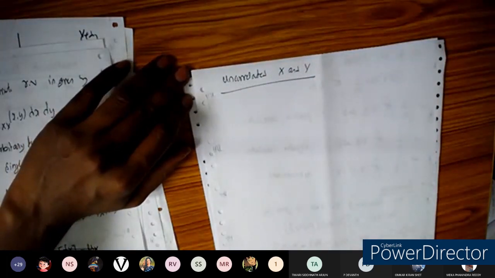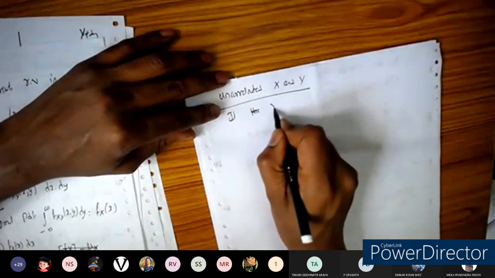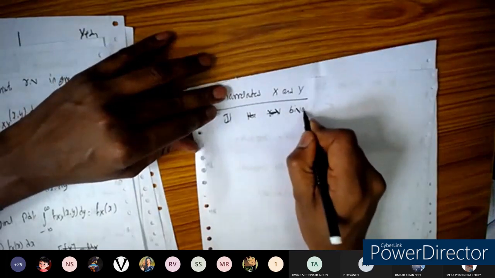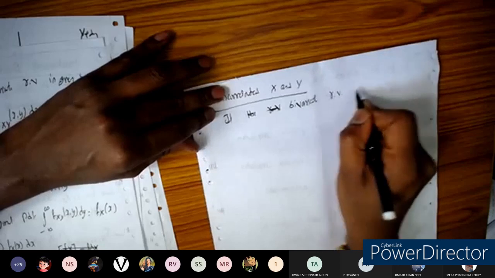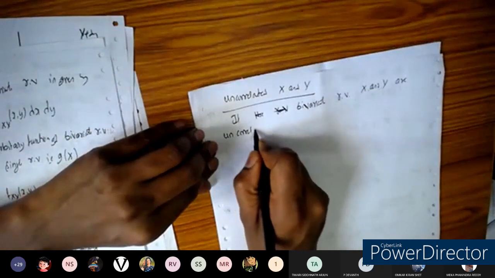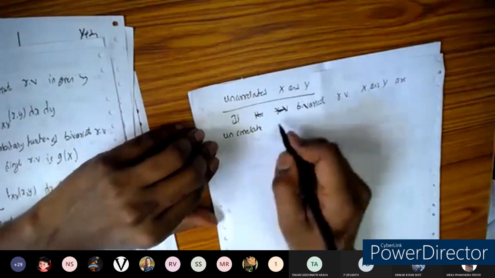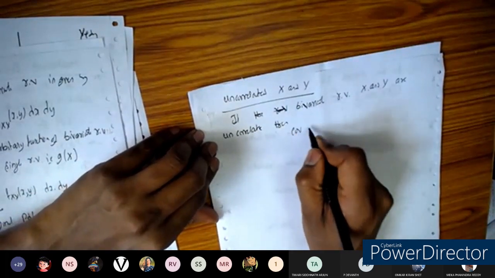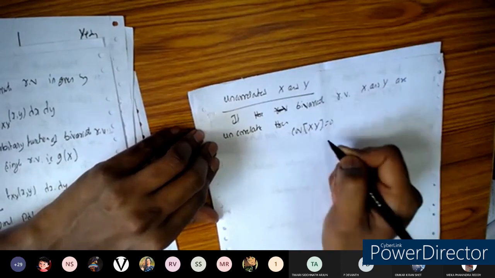If the bivariate random variables x and y are uncorrelated, then we can say that the covariance of x comma y will be equal to 0.